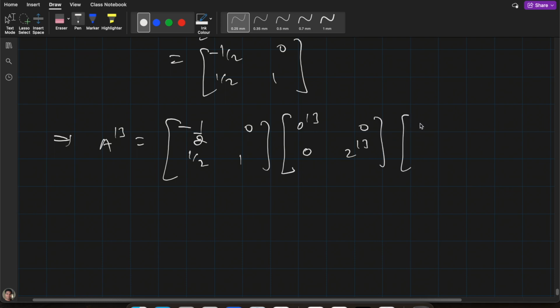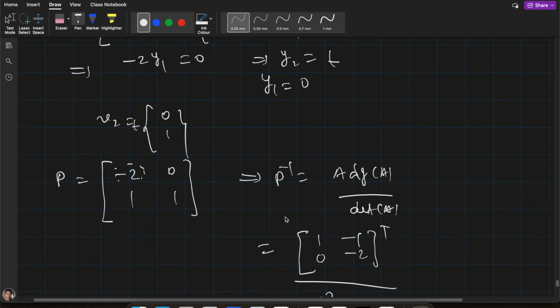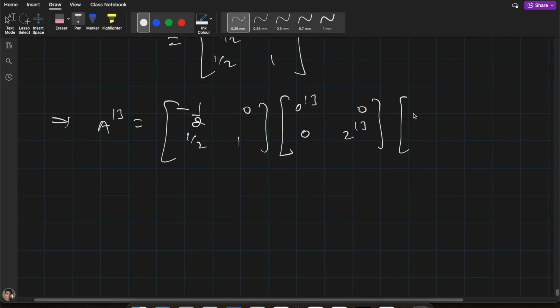And that is P inverse, and P is [minus 2, 0; 1, 1]. That's it. Just multiply it and you will get A raised to the power 13. It's a very easy multiplication, not very difficult because many terms are 0.